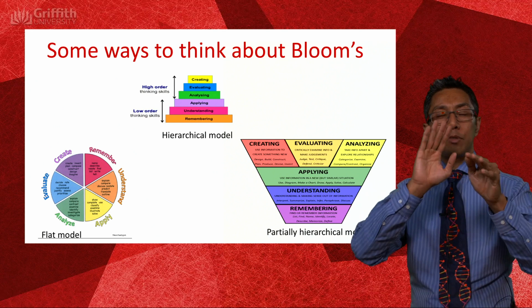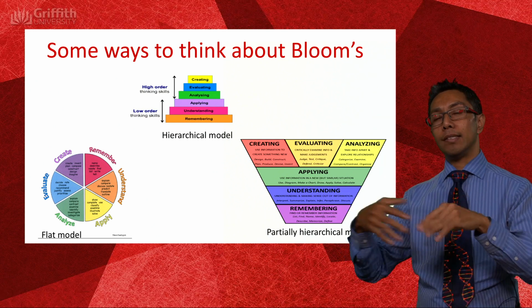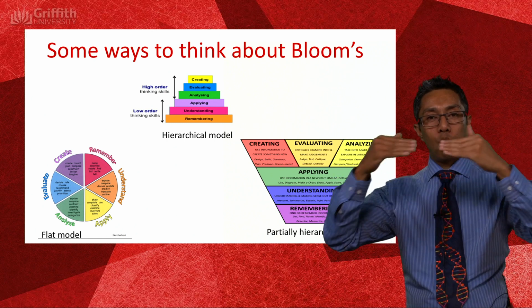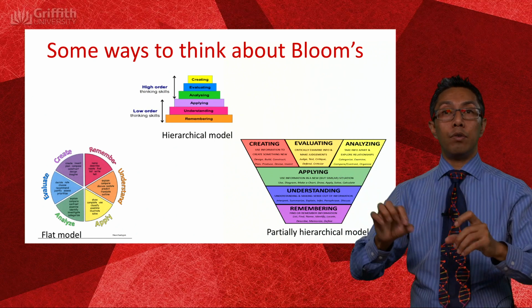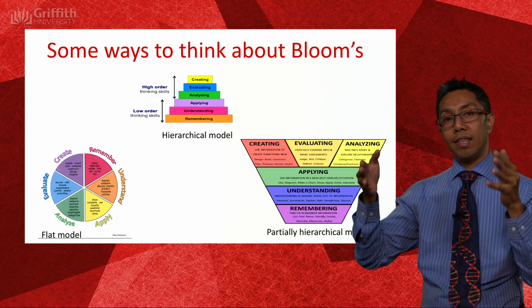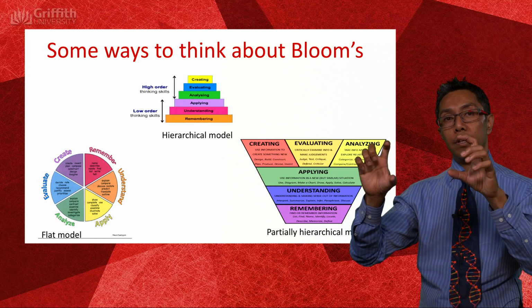But once you start getting up to creating, evaluating and analysing, there's really little difference between those, and we can't really separate those out into levels. So people who go with this model conceptualise those higher order thinking skills as being equivalent.